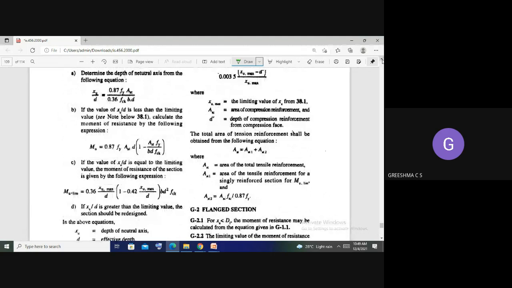This is the equation. Okay, so this is the equation.